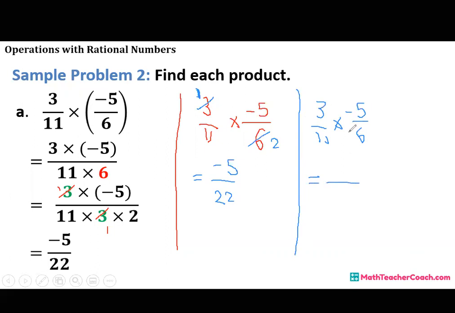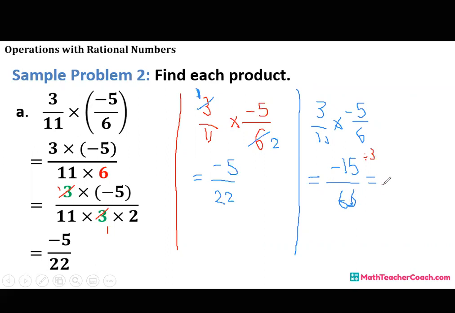Then 3 times negative 5 will be equal negative 15, and then 11 times 6 will be equal 66. But this one is not in relatively prime, so we have to simplify. 15 and 66 are both divisible by 3.